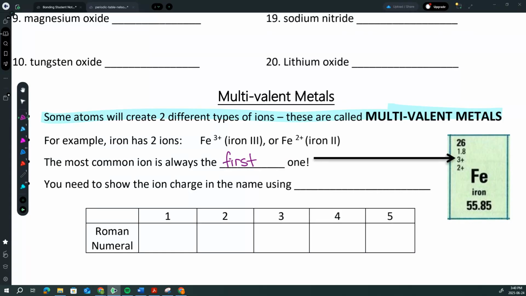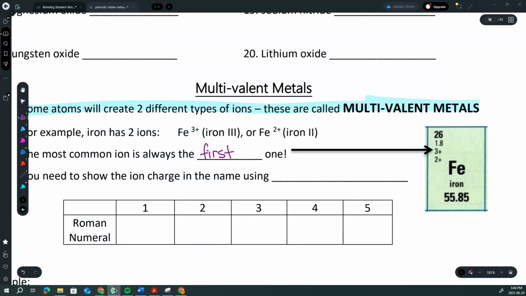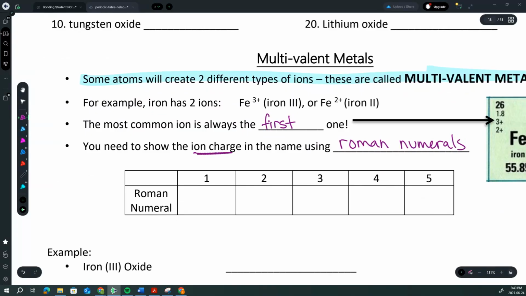And when we're writing the name of an ionic compound that has a multivalent metal, we need to write the name using Roman numerals in order to denote the ion charge. So it's very critical that you understand that the Roman numerals indicate the charge of the multivalent metal.